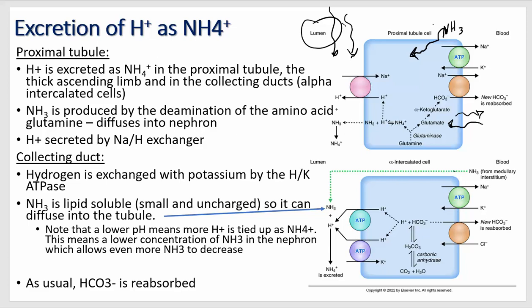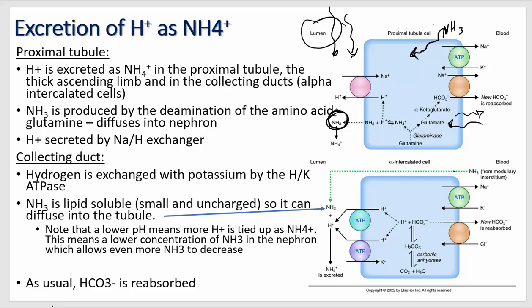We stick the hydrogen to the NH3, and the NH3 will move naturally into the lumen. If we're wondering how the NH3 got there, it can just freely move there because it is not charged. Hopefully that makes some sense.